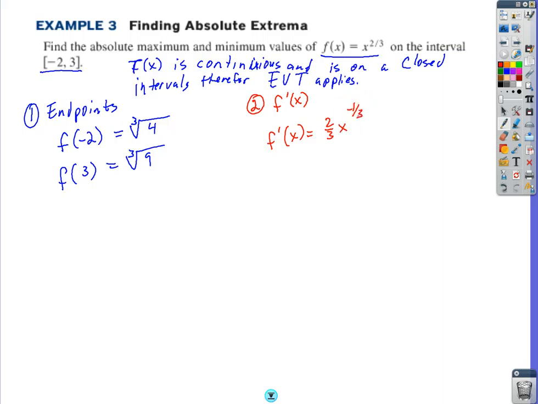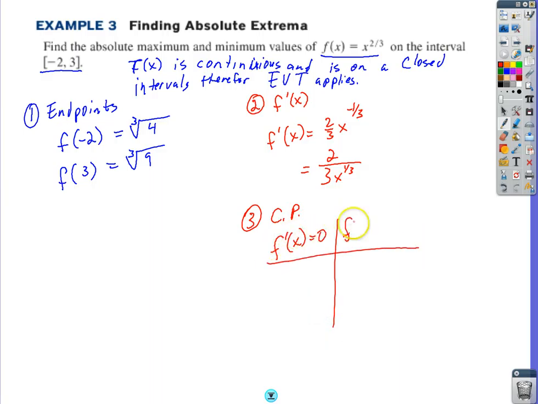And for these problems, I want to rearrange my derivative into a fraction, 2 over 3x to the +1/3, because I want to do this analysis on it to find my critical points. And again, as a refresher, my critical points are where f prime of x is equal to 0 and where f prime of x does not exist.